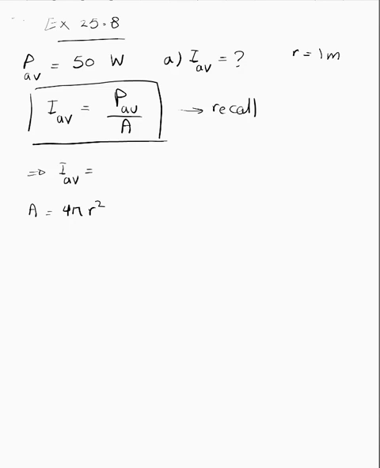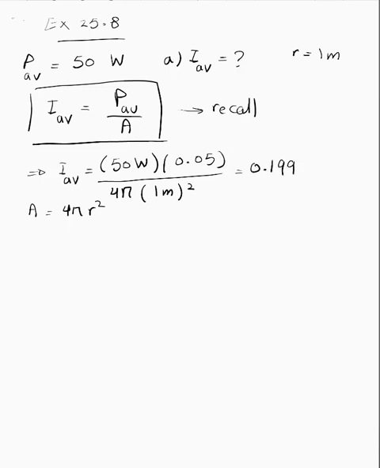So I'm going to write I average to be 50 watts times 5%, which is 0.05, divided by 4 pi r squared. And this gives me 0.199. The unit for intensity, as you can see from the equation, is watts per meter squared.